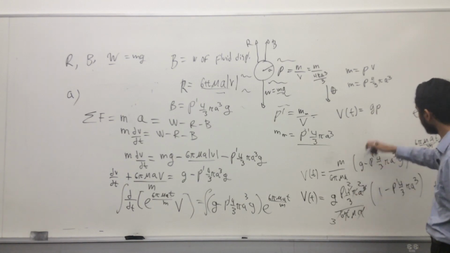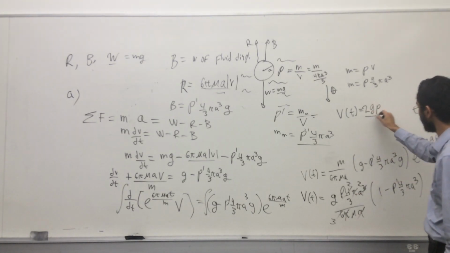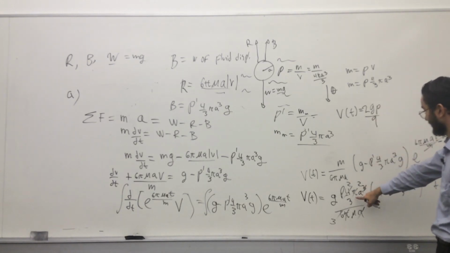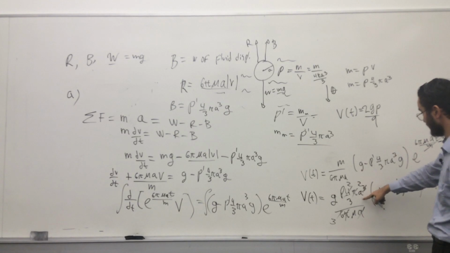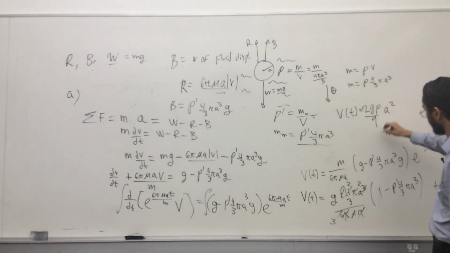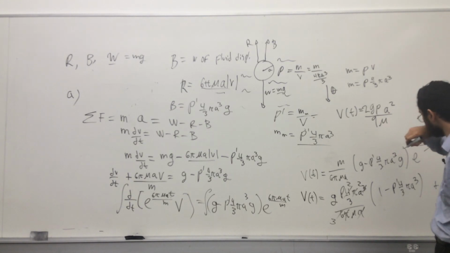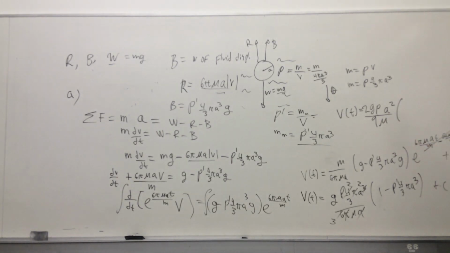So 2 times this divided by 9. And then multiply by rho, and then we have a squared. All of this divided by mu. That looks good so far. And here we have 1 minus rho prime 4/3 pi a cubed.